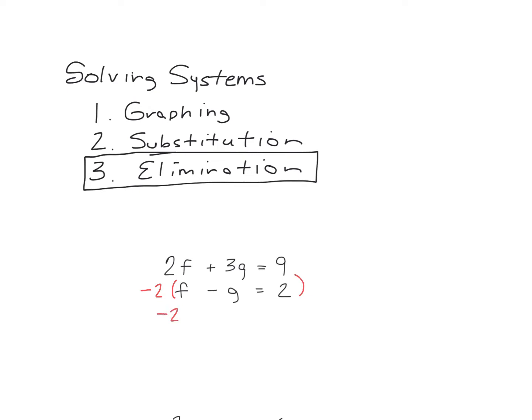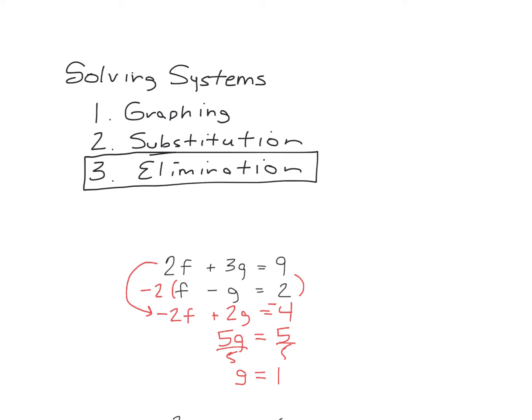So if I distribute that -2, I get a -2f plus 2g is a -4. And now when I add these two equations together, 2f minus 2f eliminates. 3g plus 2g is 5g. And 9 take away 4 is 5. I divide by 5, and I get g to be 1.